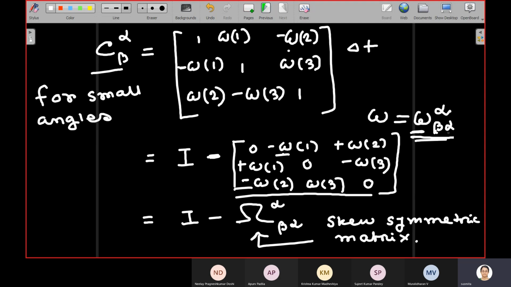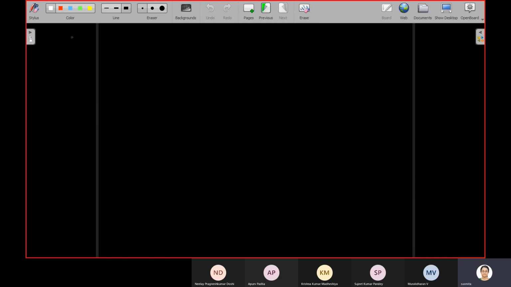So beta is the reference frame, alpha is the object frame, and the alpha on top is the resolving frame. The same convention is followed for the capital omega matrix also. So this is the expression that we get for small Euler angle rotations. We are going to make use of this to find the time derivative of the coordinate transformation matrix.